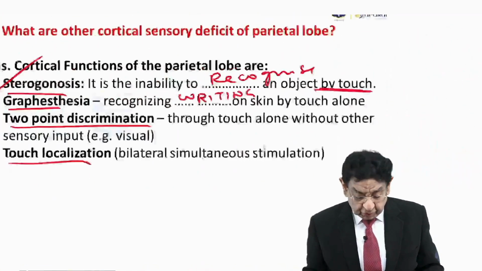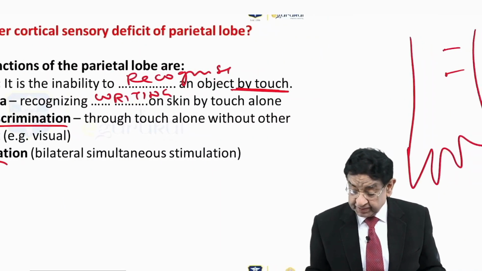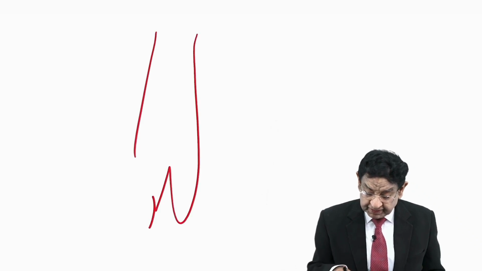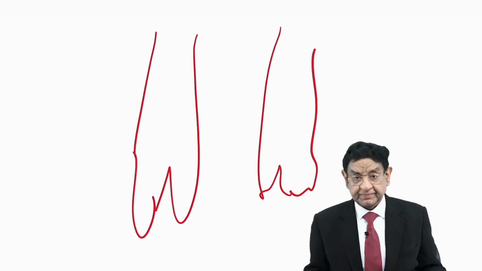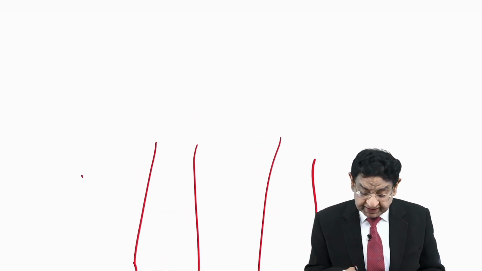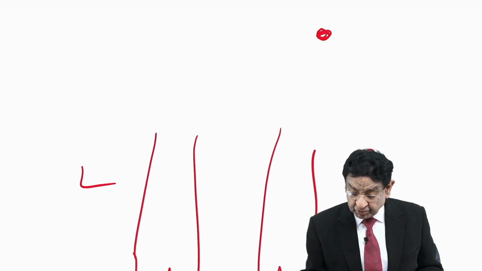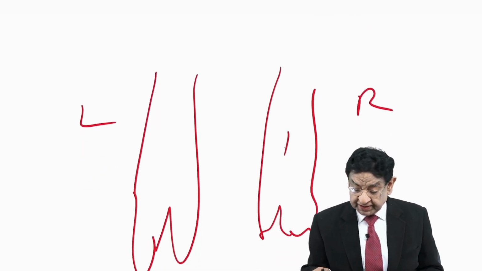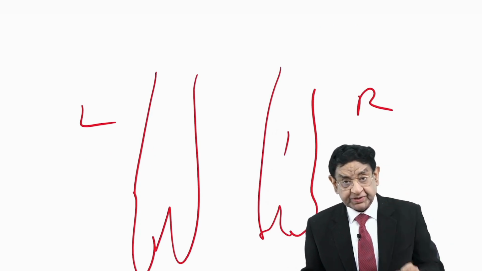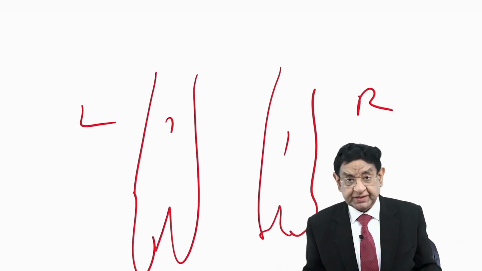Now we have so-called touch localization. What you do, this is the patient, one limb, one hand, this is the second hand. This is the left side, this is the right side. And he has a right-sided parietal lobe lesion. You touch here on the right side, he can appreciate. You touch here on the left side alone, he can appreciate.